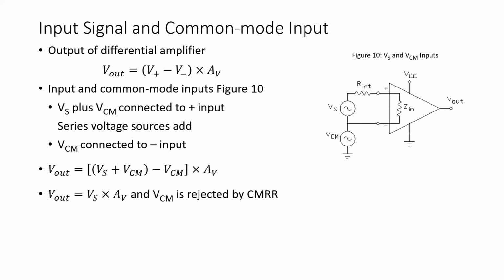Series voltage sources are additive. However, to the inverting input terminal we only have VCM. So mathematically my output should be Vs plus VCM minus VCM times AV. The source voltage Vs, my input signal, is amplified times AV. However, the common mode voltage is rejected by the common mode rejection ratio, as we saw in the last example.